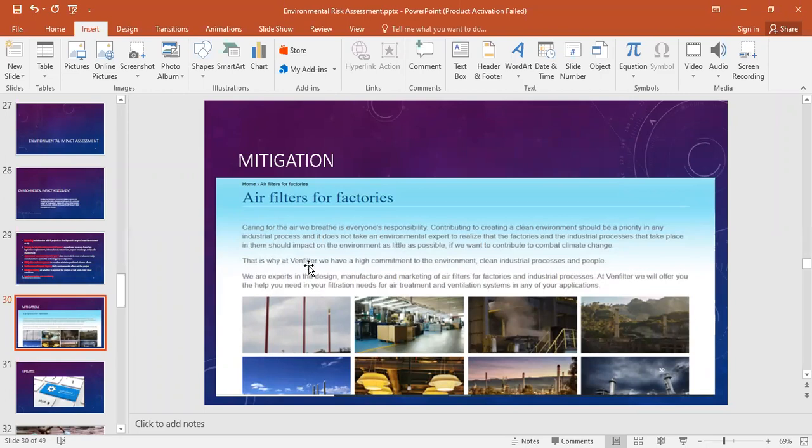That is why at Venifier we are highly committed to clean industrial processes and people. So mitigation is a term used when we apply air filters for factories.